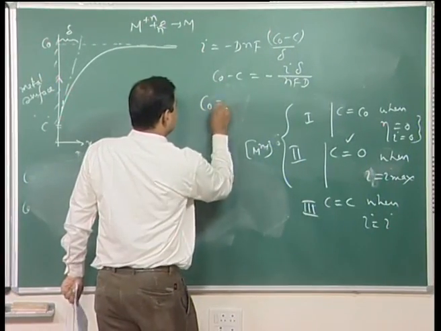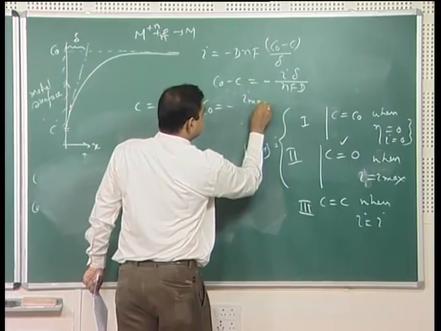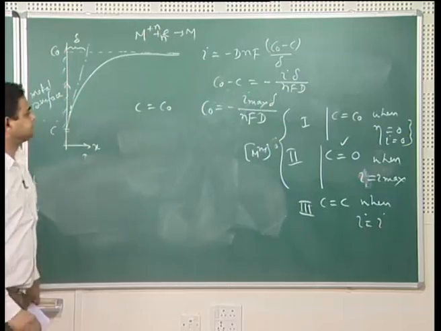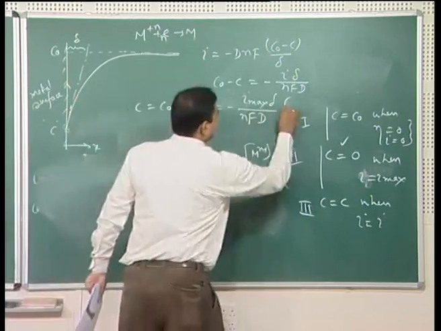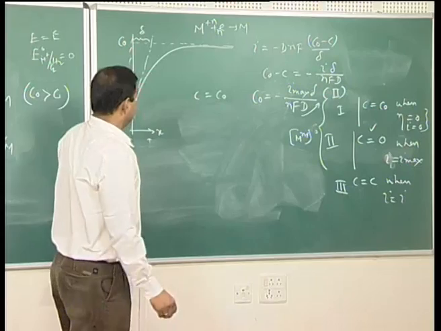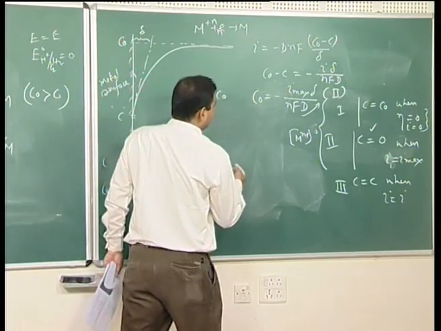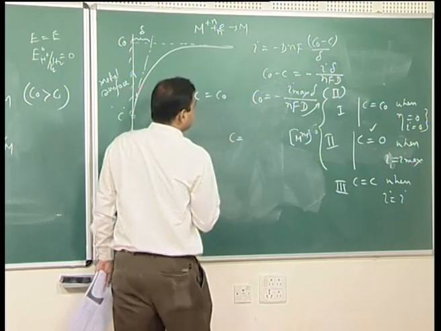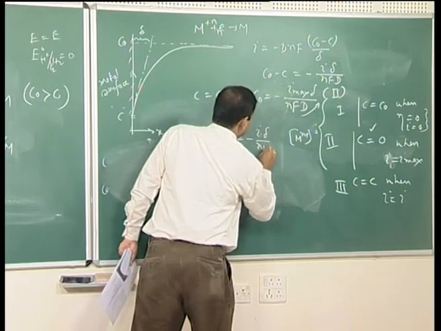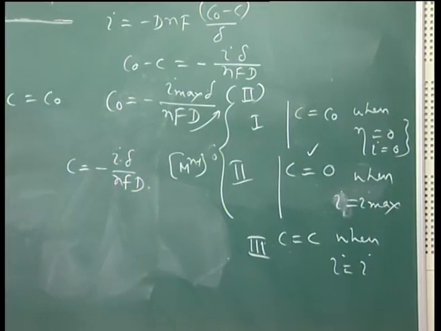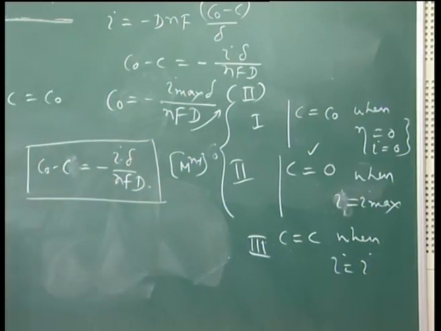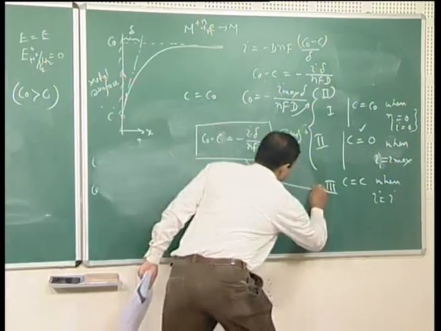So, C0 would be equal to minus I max delta by nFD. This is related to condition second. Similarly, I can write what C is. C would be equal to minus I delta by nFD. Sorry, C0 minus C equals this, this is condition third.